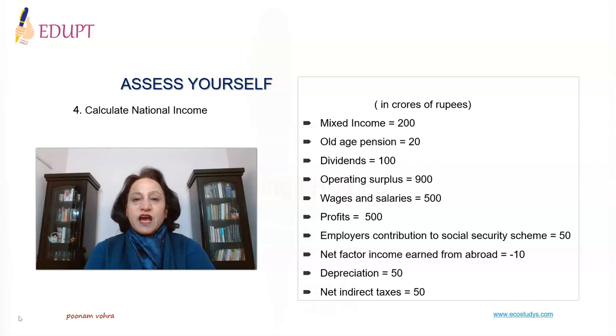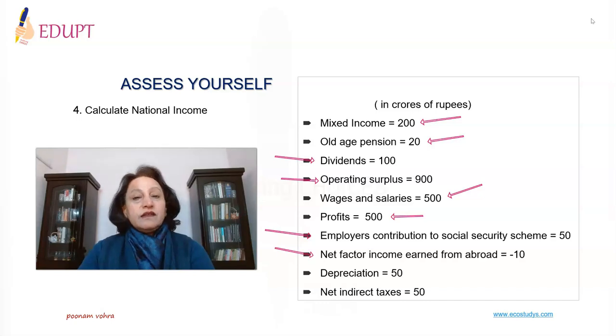The items are mixed income 200, old age pension 20, dividends 100, operating surplus 900, wages and salaries 500, profits 500, employers' contribution to Social Security Scheme 50, net factor income earned from abroad minus 10, depreciation 50, and finally net indirect taxes, which are also 50.